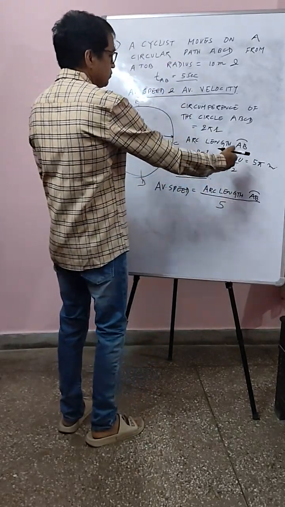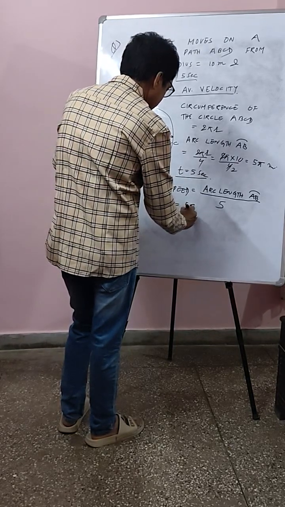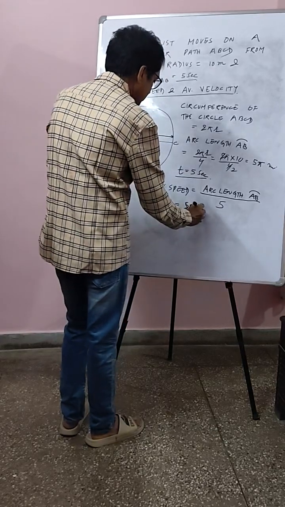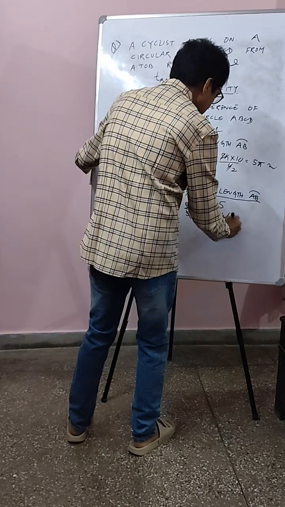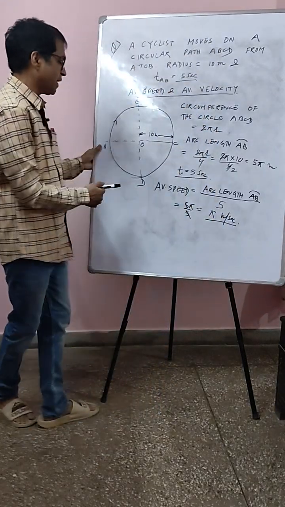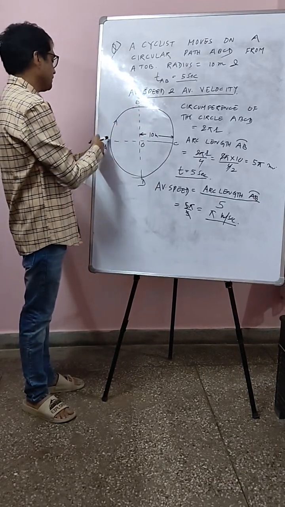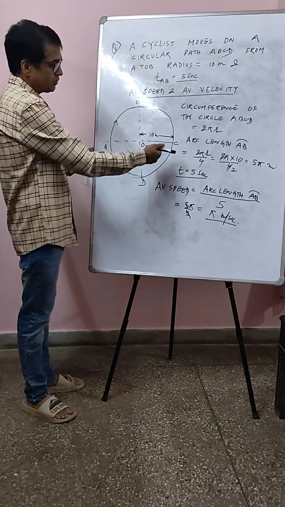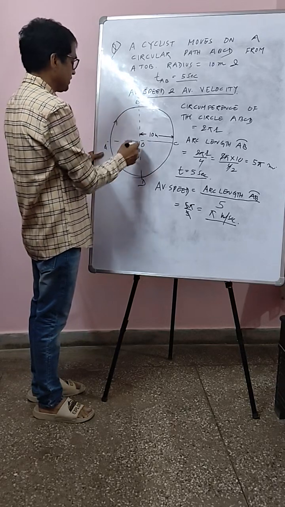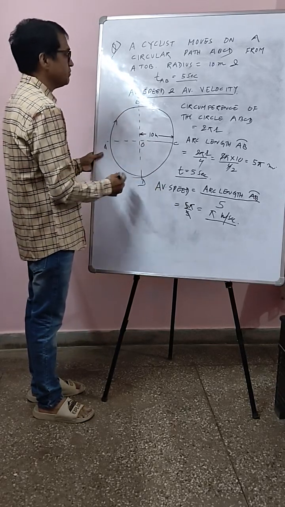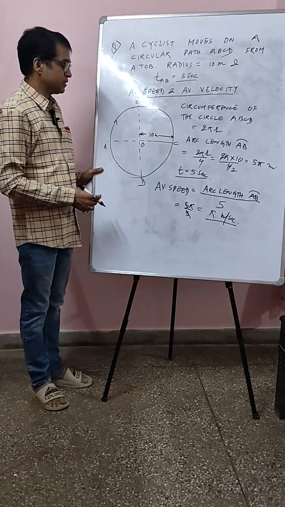The arc length is 5 pi, so 5 pi upon 5 cancels to 5 meter per second. So this is the average speed. Average speed is the path length, arc AB equal to 2 pi r upon 4, divided by the time taken, 5 seconds. So average speed is 5 meter per second.